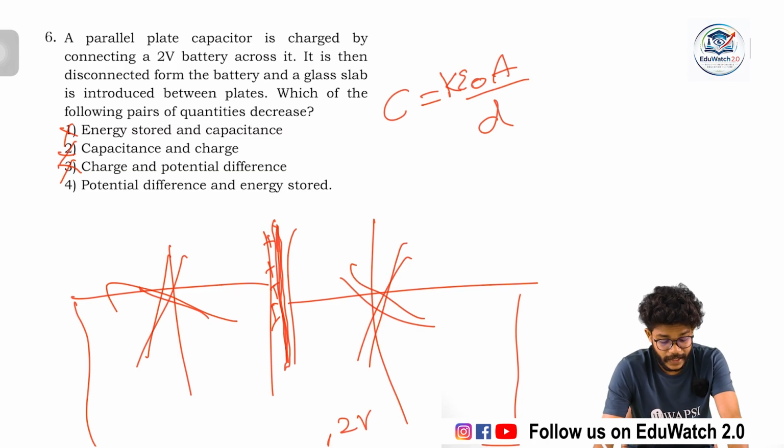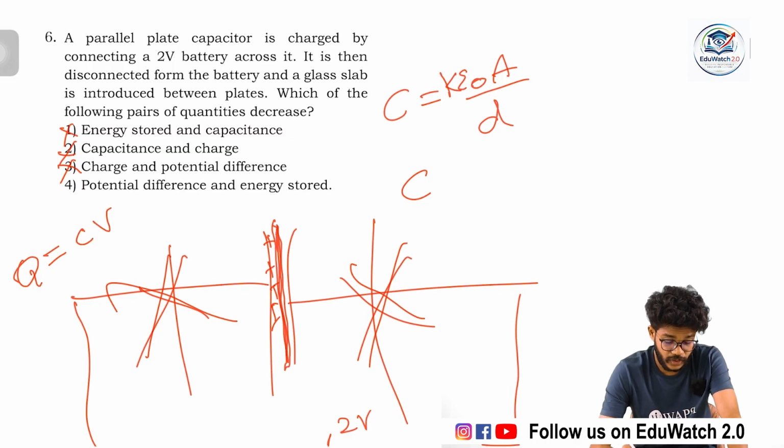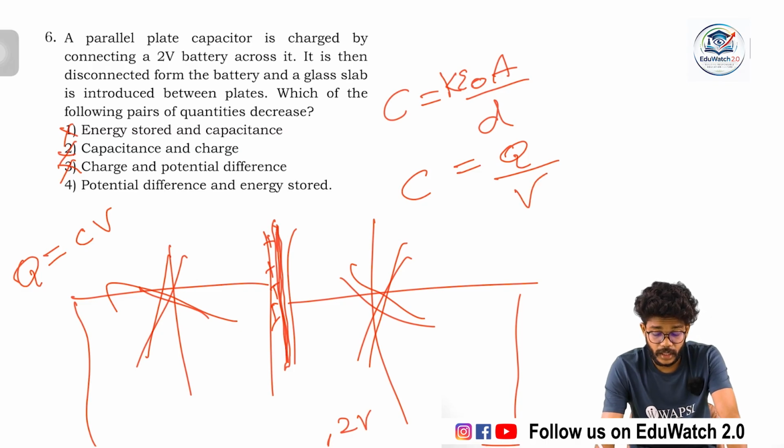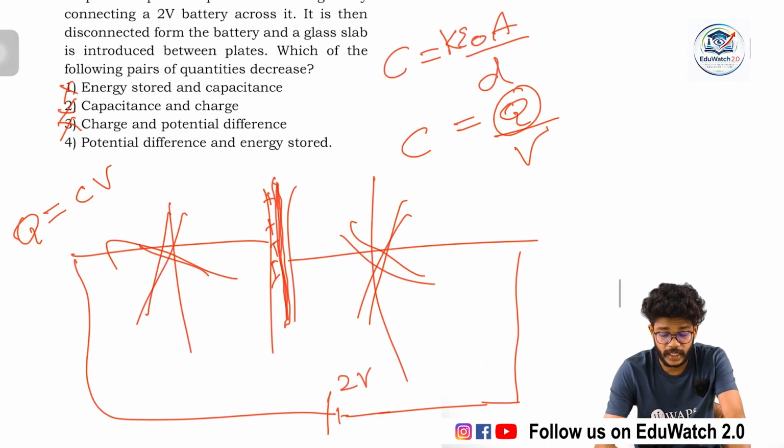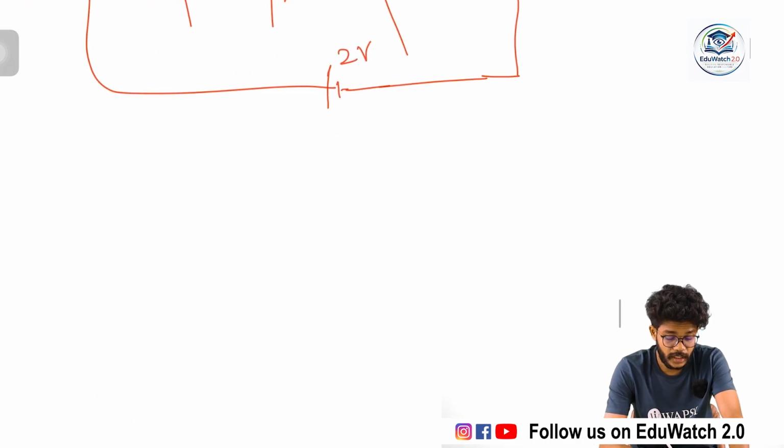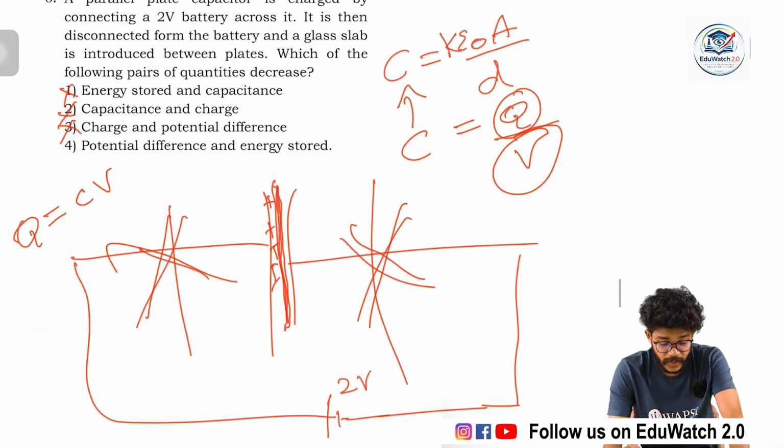So option 3 is incorrect, and option 4, potential difference, will decrease because Q is equal to CV, so C is equal to Q by V. If Q is constant and the capacitance increases, the potential decreases.